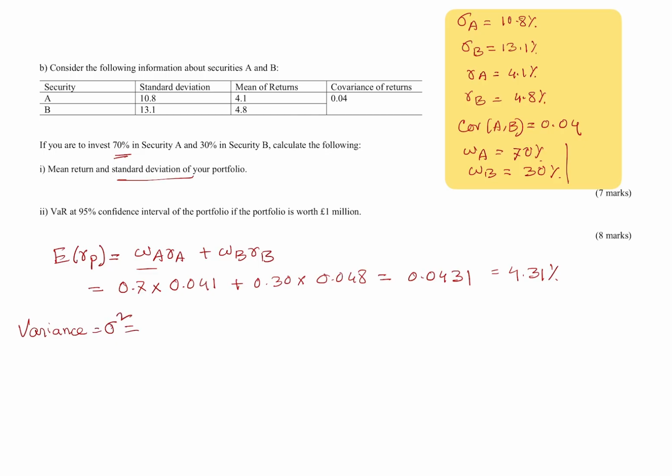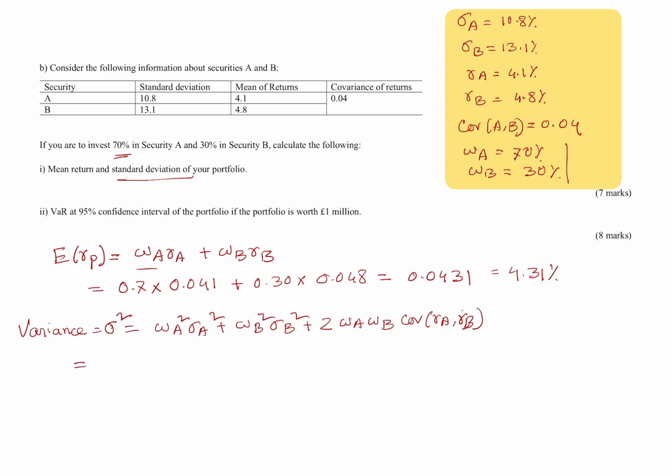The formula is WA square sigma A square plus WB square sigma B square plus 2 WA WB covariance of A and B. But remember, the covariance is the covariance of the return, so if you want, you can also denote this as covariance of RA, RB.